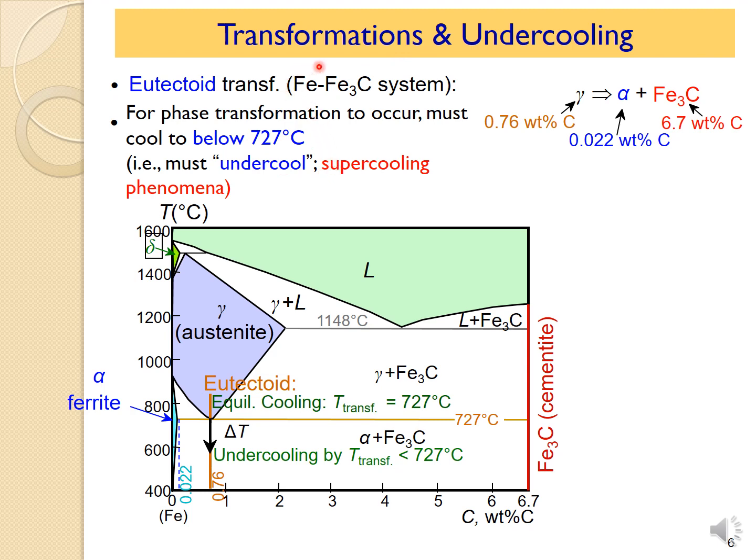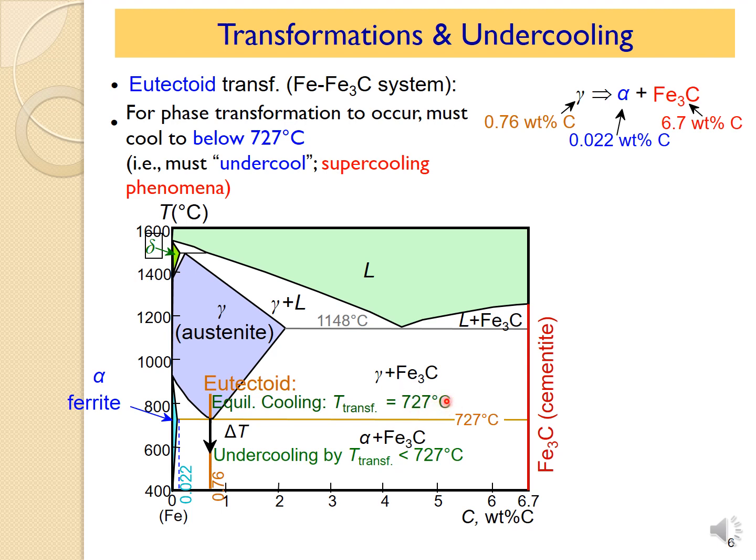For example, for the iron carbon system, we know that the eutectoid temperature is 727 degrees Celsius. Again, this temperature is only for equilibrium phase transformation. In other words, if we keep the cooling rate very, very slow and give it a long period of time for the transformation to finish and have the equilibrium microstructure or microconstituent, then it may happen at this temperature.